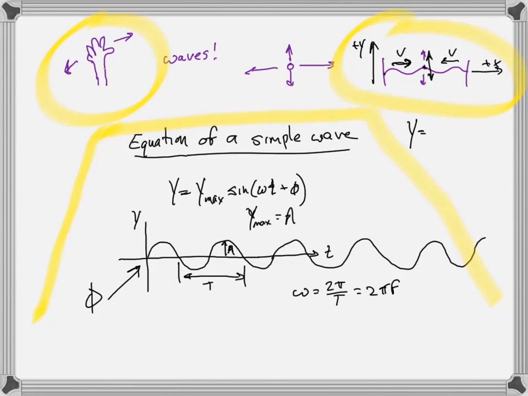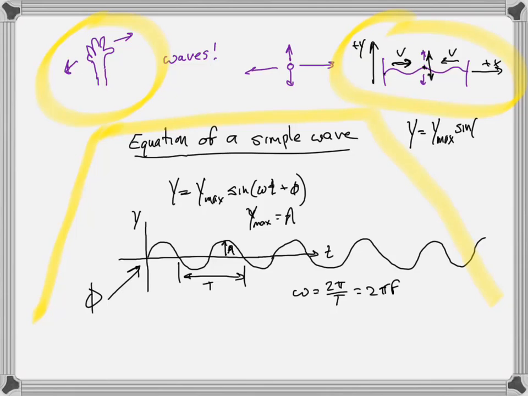The purple curve in the upper right hand corner is y equals y max. It still is displaced from equilibrium by some maximum distance, and it's a sine wave, but it's not a time-dependent sine wave.